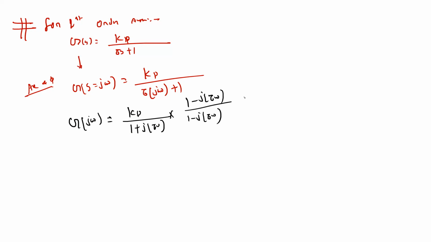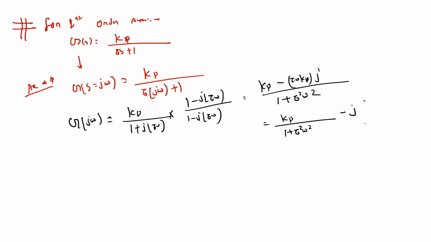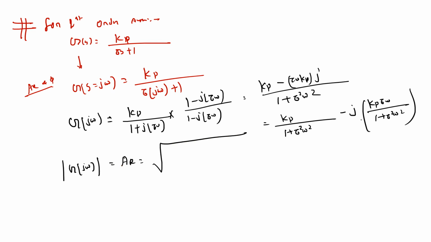This is just rationalization. That gives Kp minus τω Kp j divided by 1 + τ²ω². Again I separate the real and imaginary parts: Kp divided by 1 + τ²ω² minus j Kp τω divided by 1 + τ²ω². Simply, the modulus of G(jω) is called the amplitude ratio, where this one is your a and this one is your b.